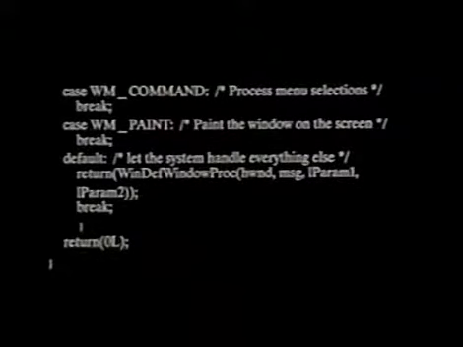Right? Any messages that we don't want to process, we can send to a predefined window proc called WinDefWindowProc, which is the default. It has predefined capabilities for us, and for example, we might get messages called WM_SYSCOMMAND.